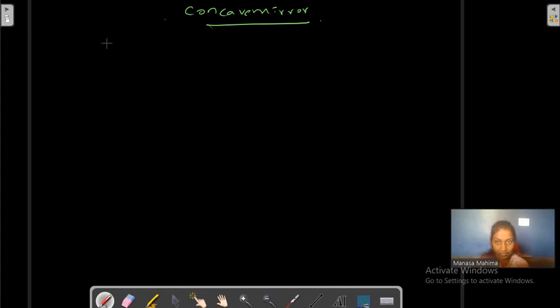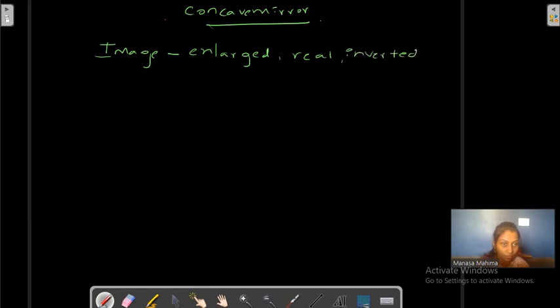That is the main thing here. How are we getting the image in the case of a concave mirror? We are getting it enlarged. But there is one exceptional case where you will get a diminished image. Generally you will get an enlarged, real and inverted image in the case of a concave mirror.